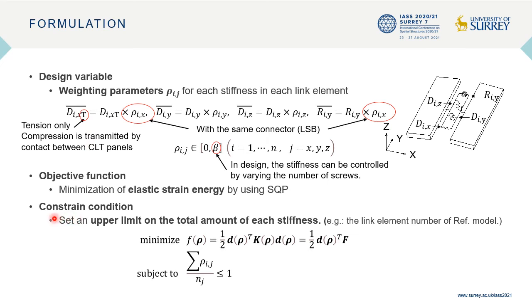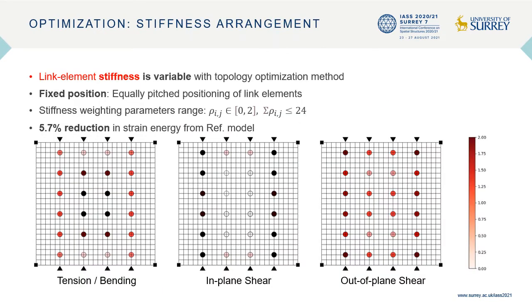As an optimization problem, the elastic strain energy is minimized by SQP, and the total stiffness of all link elements was used as a constraint. Firstly, the link element position is fixed at a pitch of 1 meter, and the stiffness parameter ranges from 0 to 2.